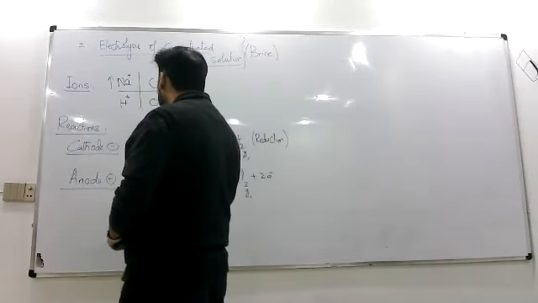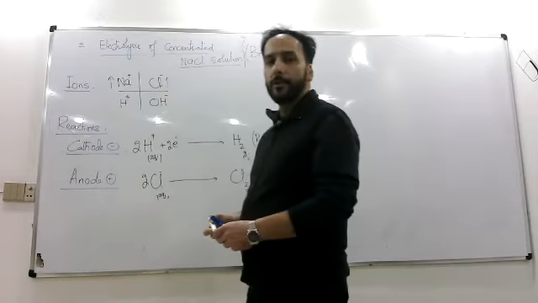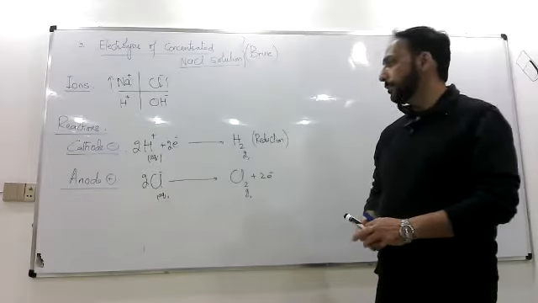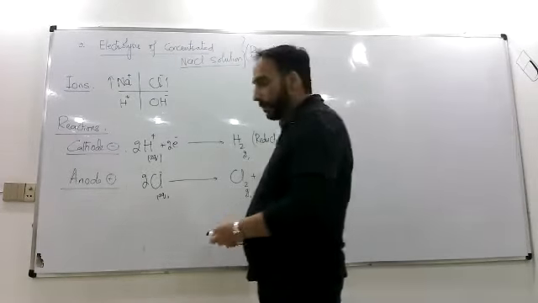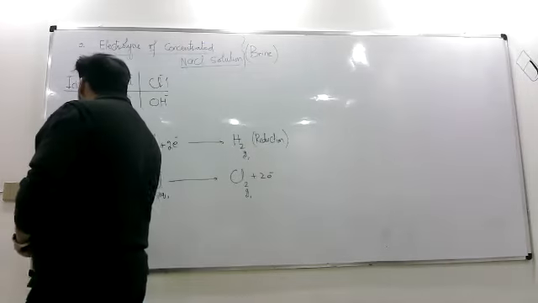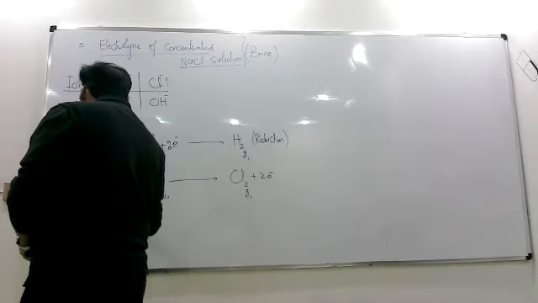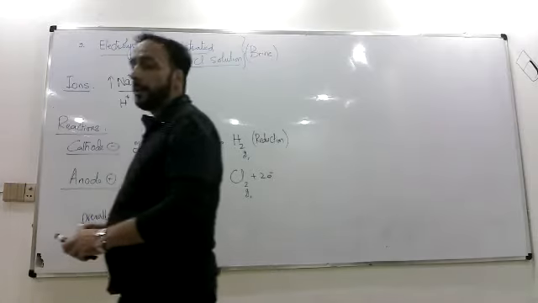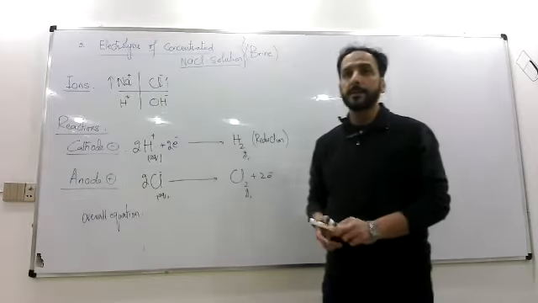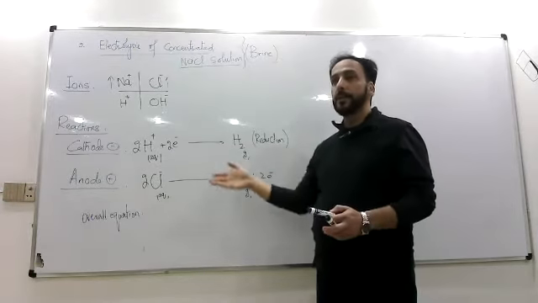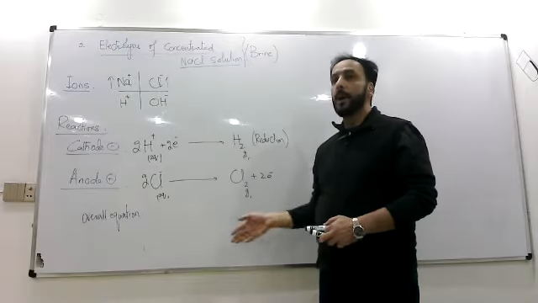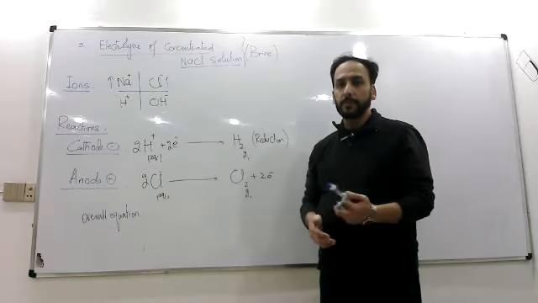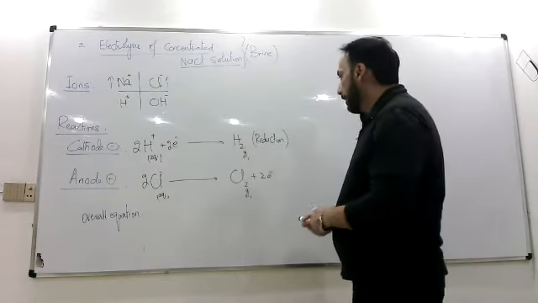अब since I need to add these two equations to make the overall equation, that's why I've written the balanced electrons. अगर मैं इसको add करके overall equation बना रहा हूँ, it depends on the question. If the examiner says, can you give the overall equation of the reaction at cathode, anode, you'll have to add both half equations to write the overall equation.